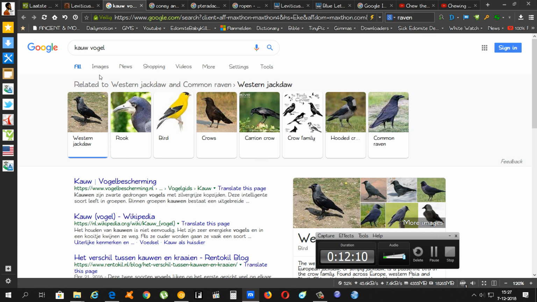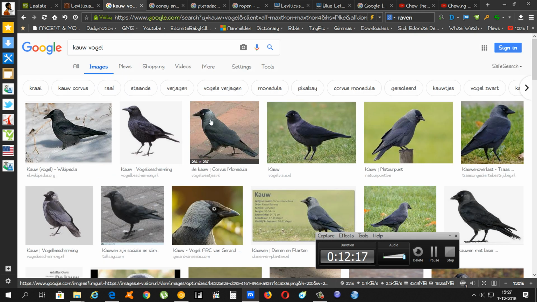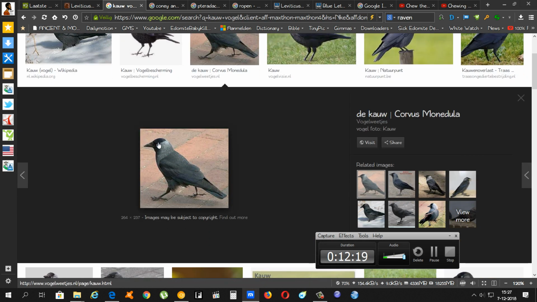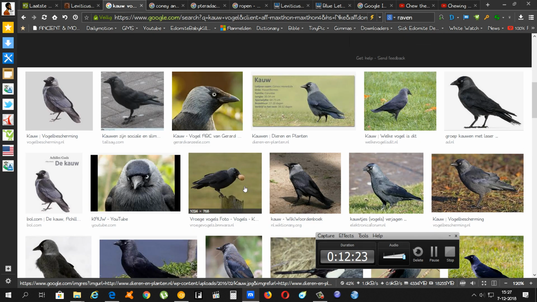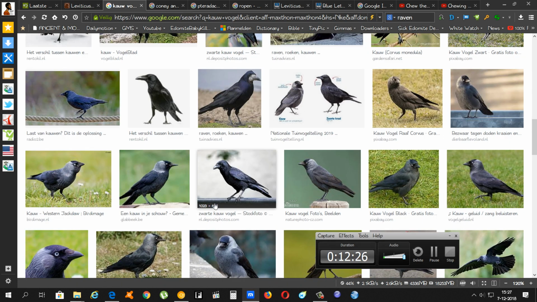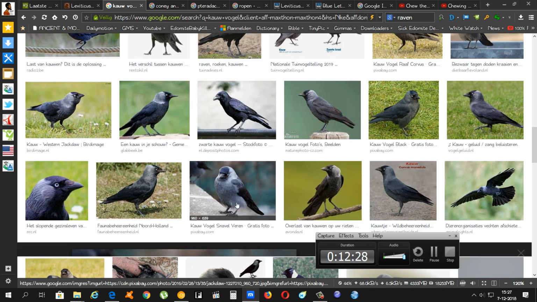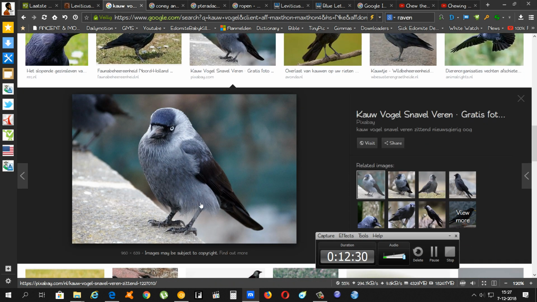Vogel is Dutch, by the way. You have the cow. The difference between a crow and a cow is the cows have a gray back head and they have sometimes gray eyes and sometimes blue eyes. They can have blue eyes too, and some of them are gray and stuff like that.